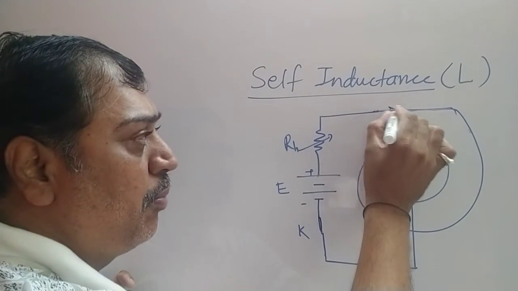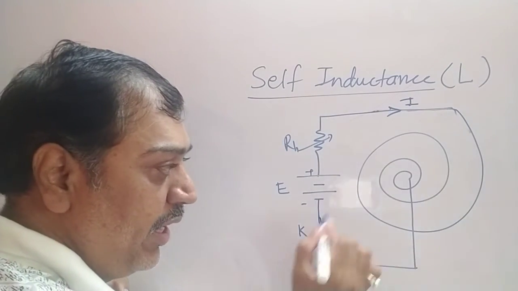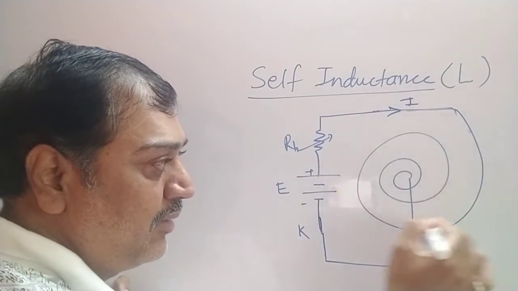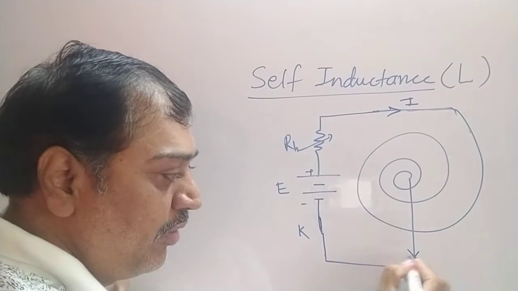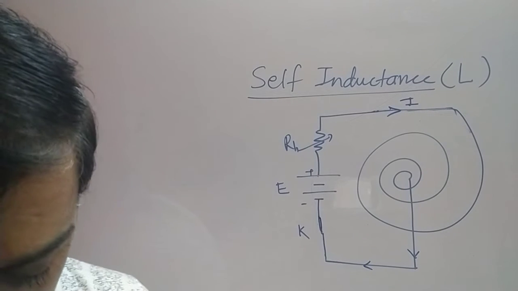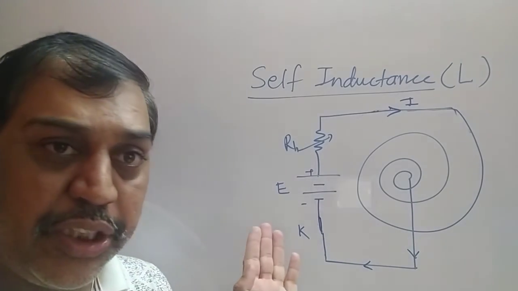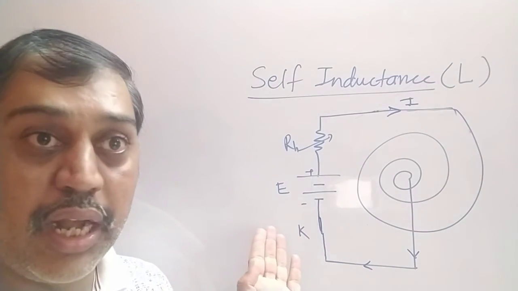Some current tries to pass through the coil in this direction. Current passes from positive to negative, so it will pass along this circular path and finally comes here and goes here. So current passes when we switch on or close the key. During this, what will occur? Initially the switch is off, and the current is zero.